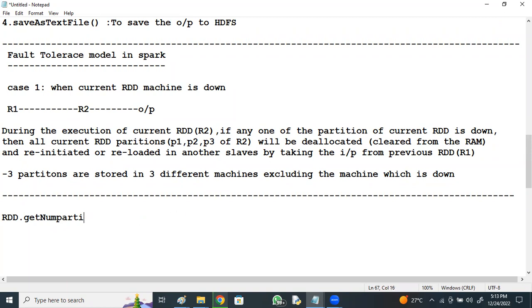How is this first RDD, RDD1, created? Whenever you are loading a file, file1.txt, you give the entire path where that file is available, in which folder, in which drive.